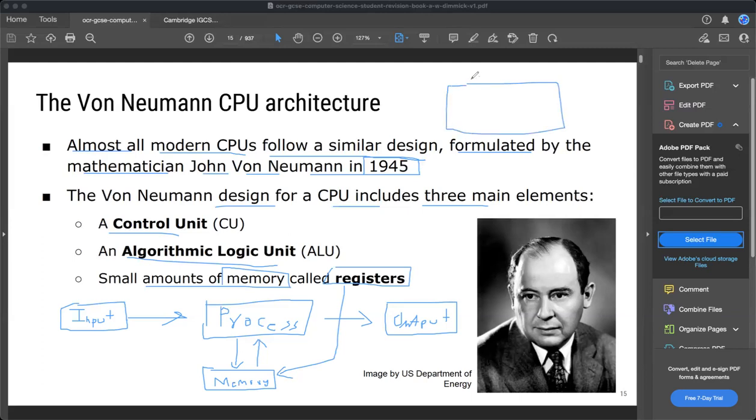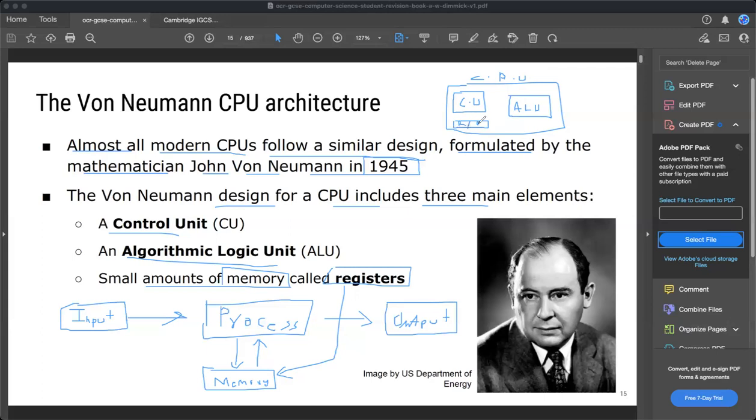This is a CPU. And in this CPU, von Neumann proposed an idea of a control unit. In the CPU, we have a control unit that's called CU, an ALU, and memory that's called registers. So I'm just writing REG.